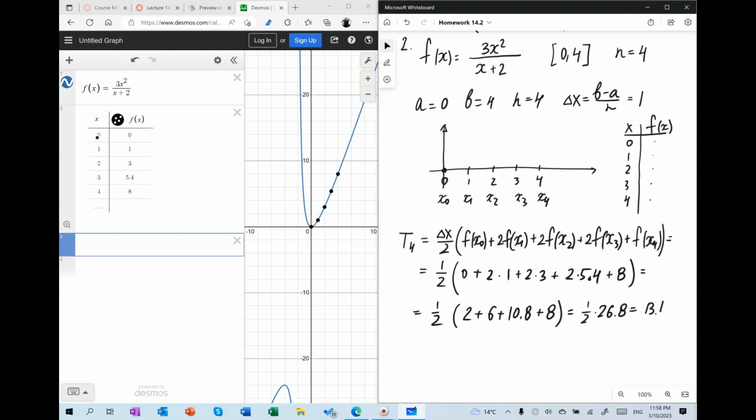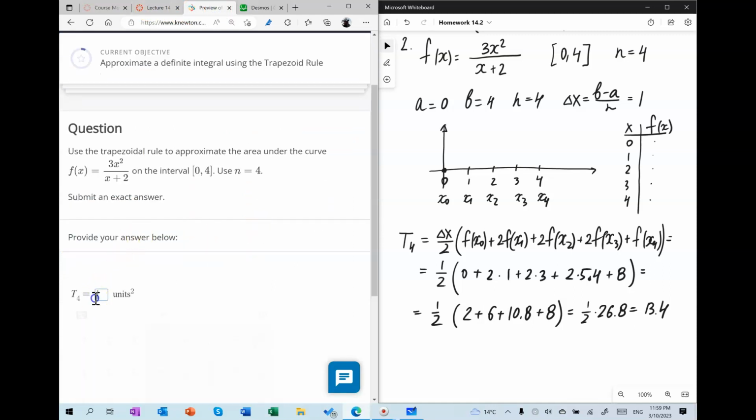So the answer is 13.4. However, you can also use Desmos in a more involved way. You can literally just plug in delta x and set up this expression in Desmos. So f of 0 plus 2f of 1 plus 2f of 2 plus 2f of 3 and plus f of 4, and the answer is 13.4. So let's go ahead and enter the answer.